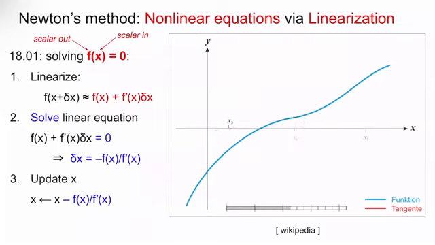One basic use of derivatives is to solve nonlinear equations, and you all probably learned this in first semester calculus. If you have a scalar function f of x that takes a scalar in and gives a scalar out, and it's nonlinear. If it's linear, obviously you can solve it. If it's a quadratic, you have a quadratic formula.